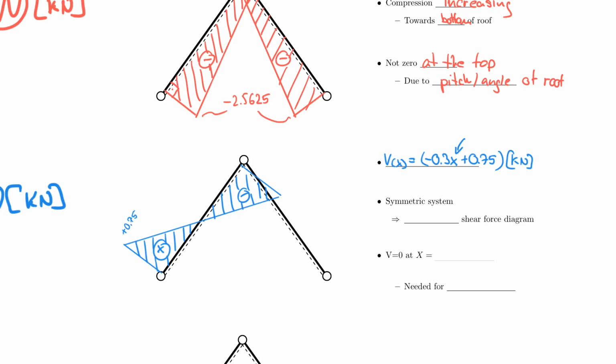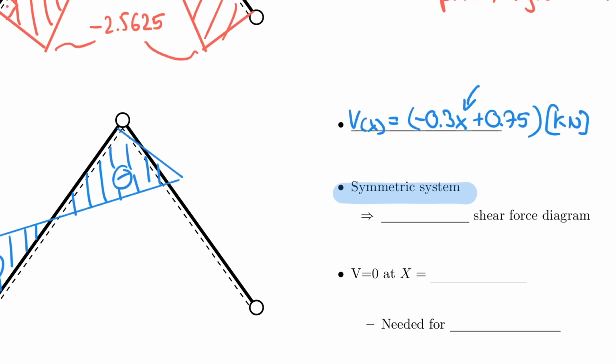Now let's think about how we can apply this to the right side of the system. So please note that the system actually is a symmetric system. And remember what we already discovered before, that if the system is symmetric, the shear force diagram is antisymmetric.